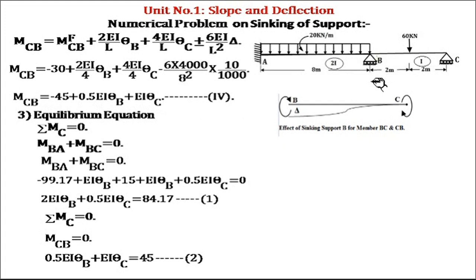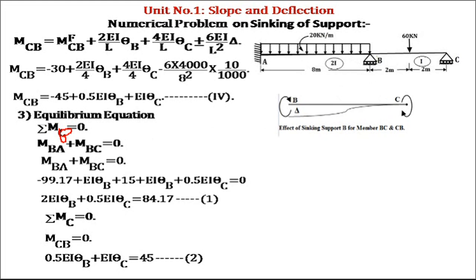So here unknowns are 2, theta B and theta C. So we require two equilibrium equations. Now first we'll consider equilibrium of joint B, that is summation of moment at B equal to 0. So summation at joint B equal to 0 means MBA plus MBC should be equal to 0.